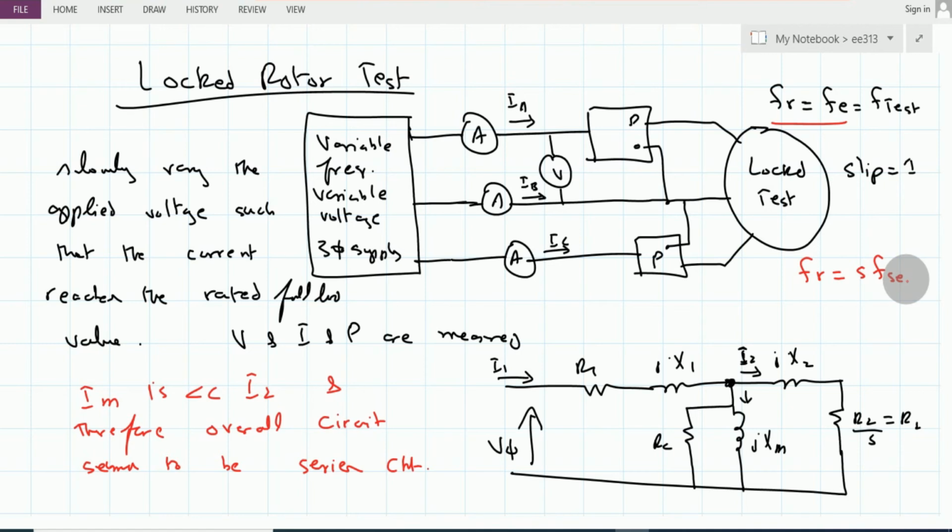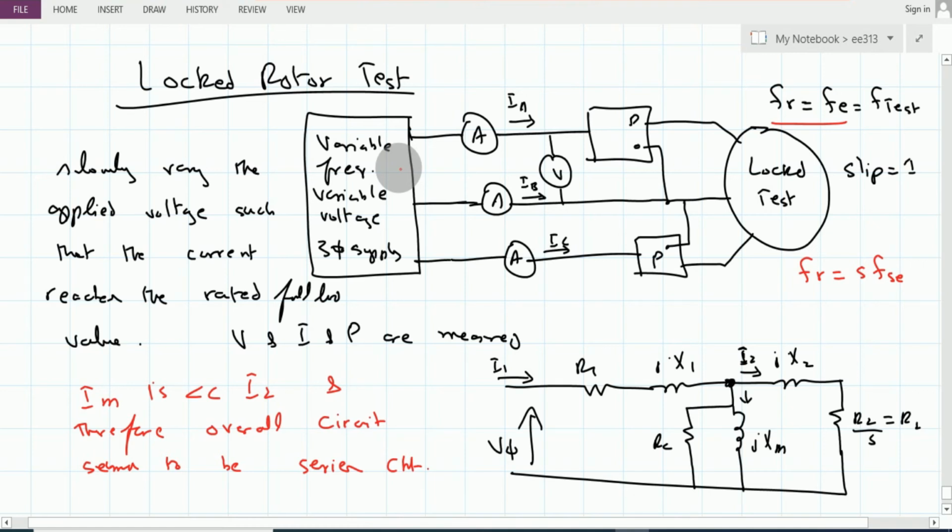So there are several things which should be kept in mind before we undergo this test, and usually we go for a compromise such that we use a frequency which is 25% or less than the actual frequency of the line, and therefore we are using this variable frequency, variable voltage three-phase supply.